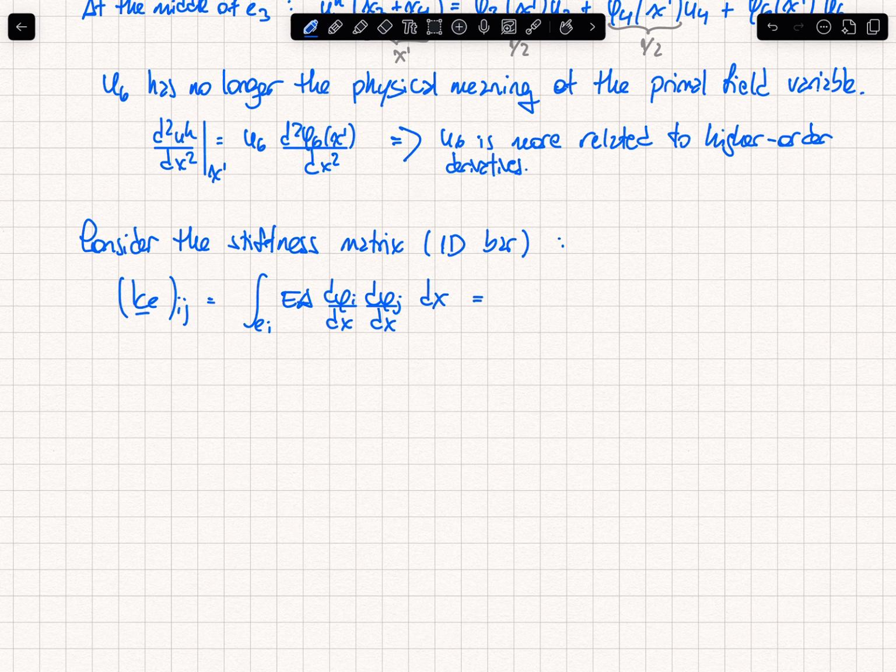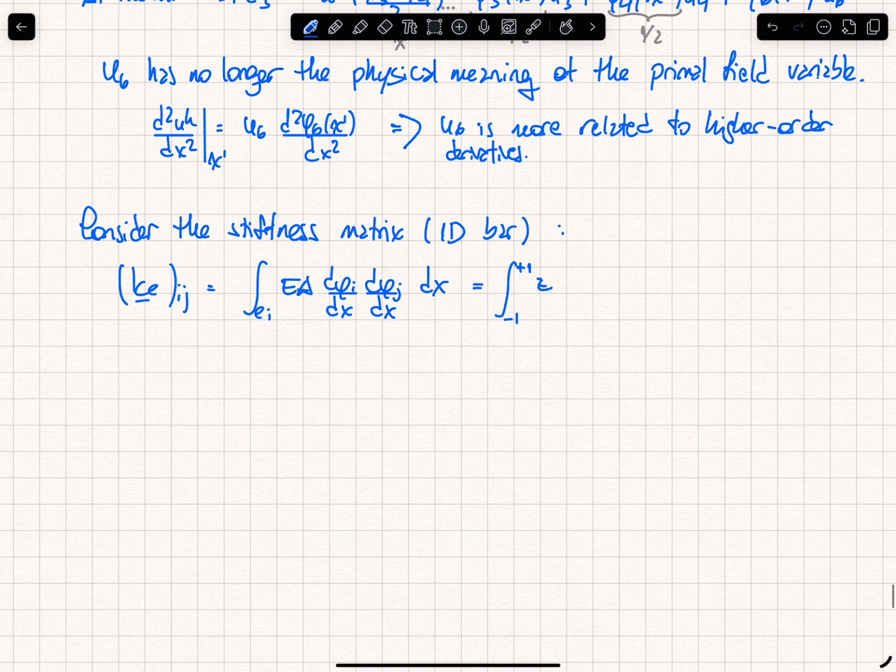Now I'm going to change that, and I'm no longer going to do integration there, but I'm going to integrate between -1 and +1, my master or canonical element. Because my shape functions are defined in terms of those coordinates, I'm going to have to apply the chain rule.